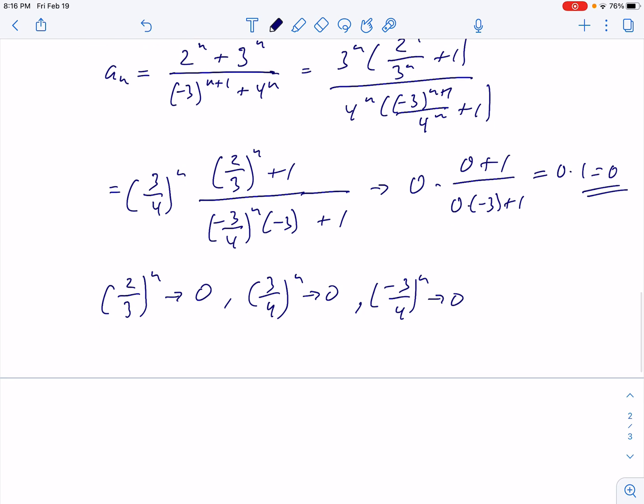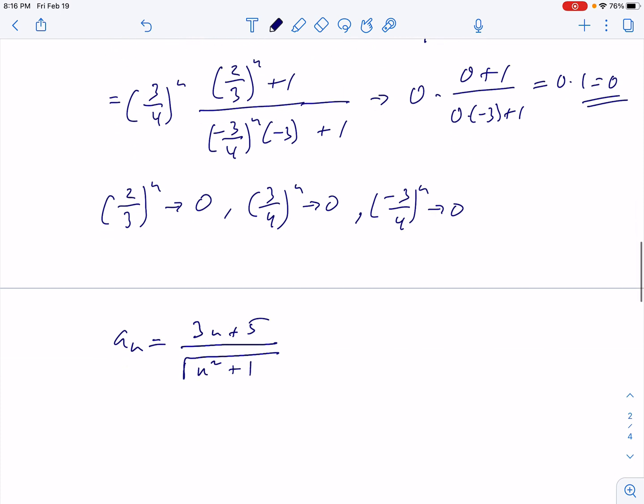Okay, let's try this. A sub n is 3n plus 5, and here we have in the denominator the root of n squared plus 1. Now we have this radical below, and it's not a quotient of polynomials, but it's somewhat similar. Again, we have to factor highest powers.